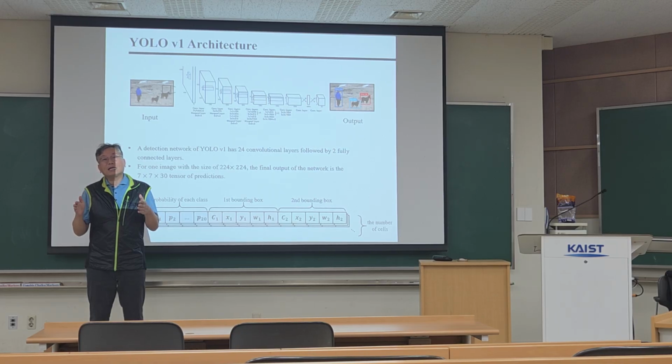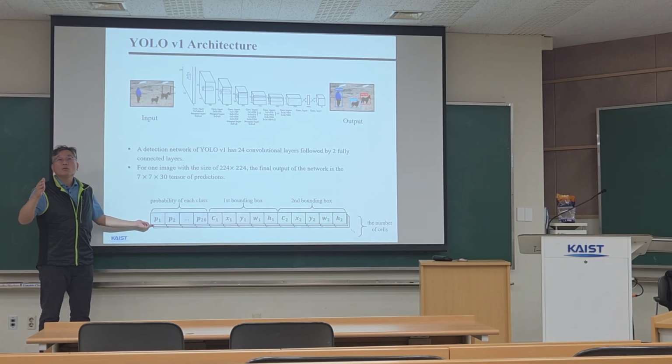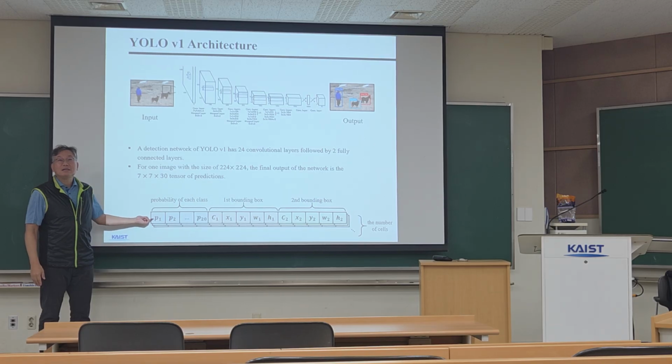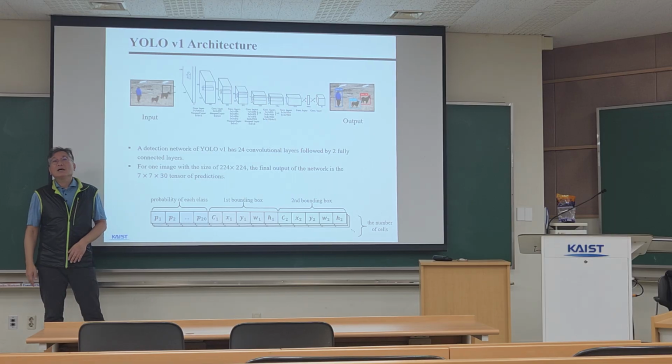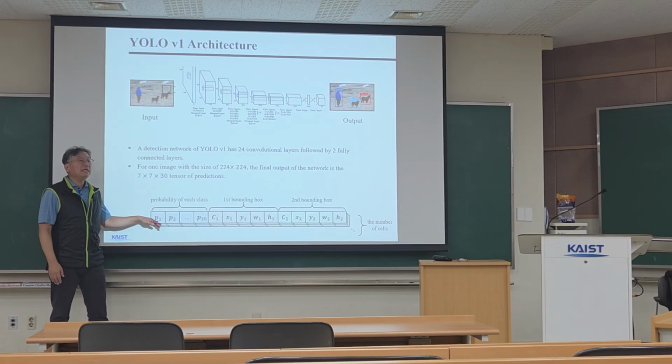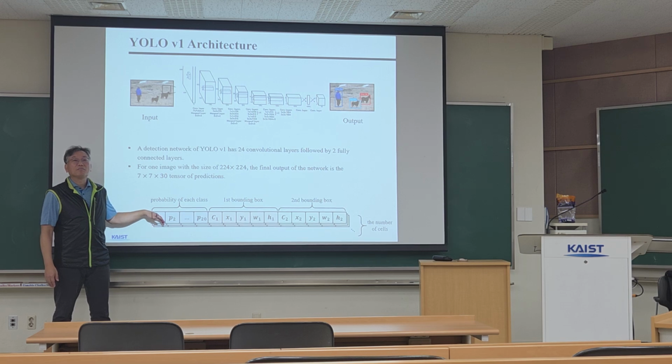And also the class probabilities. In YOLO, we're looking at 20 classes, so it gives you the probability of each of the 20 classes.